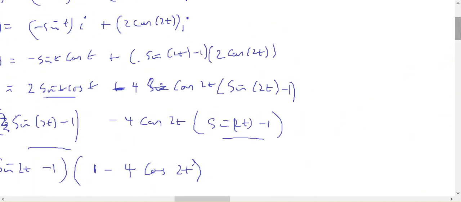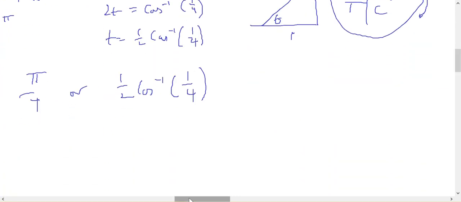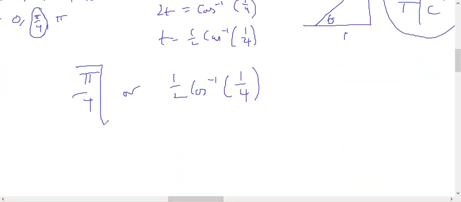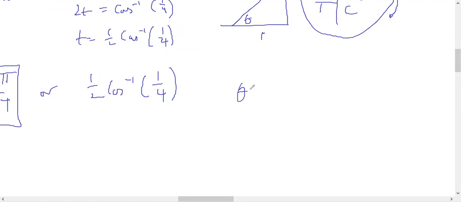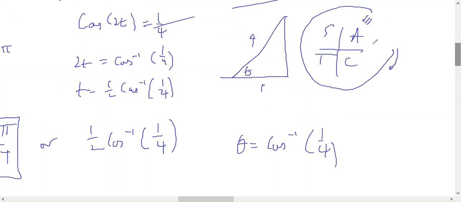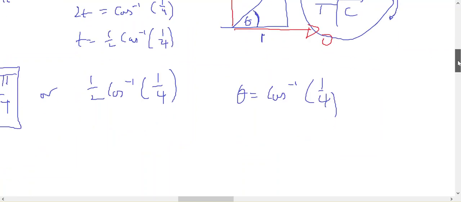And I need to work out which is smaller. Okay, so I know what this angle is. If I consider theta equal to the inverse cosine of 1/4, I know that the angle is bigger than 0 and less than pi on 2.